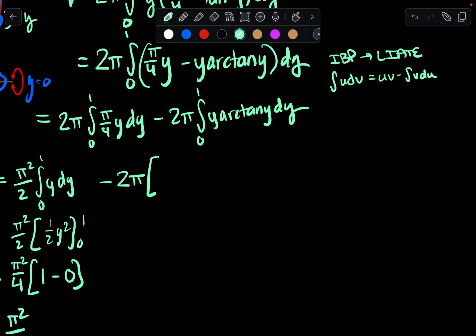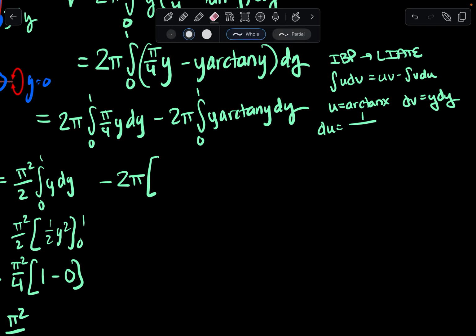So we need our u, we need our v, we need our du, and we need our dv. So if we go through LIATE, I don't see any logs. However, I do see an inverse trig, so that will be my u, which means my dv is going to be y dy. So differentiating u, we get 1 over, oops, that should be arctan of y, not arctan of x.